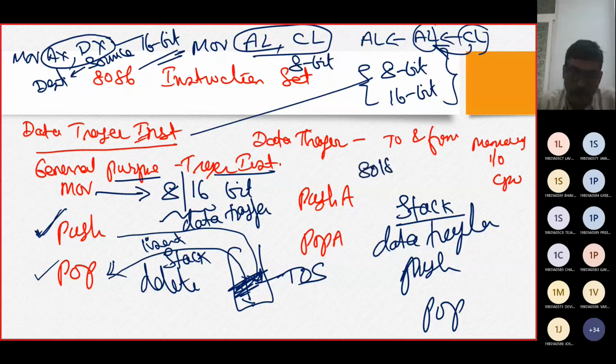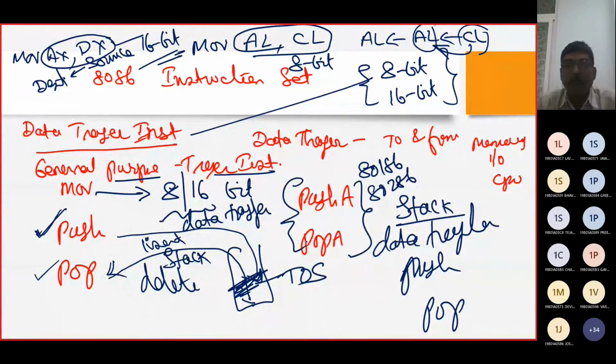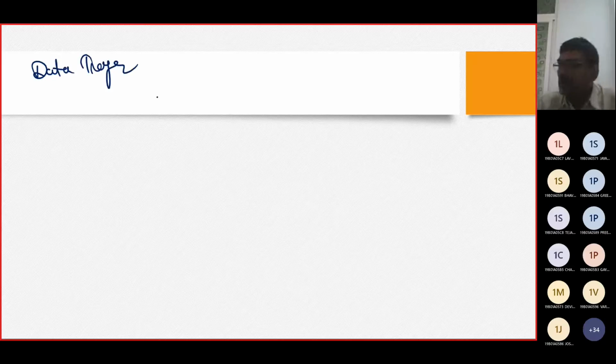If we are using 8086 or 80286 instructions, then we call them push accumulator and pop accumulator. Up to now, we have talked about data transfer, and in this data transfer we talked about general purpose.